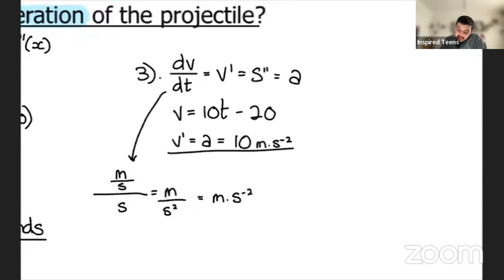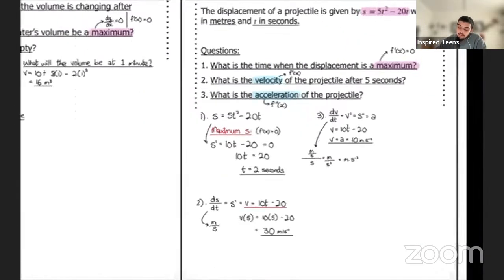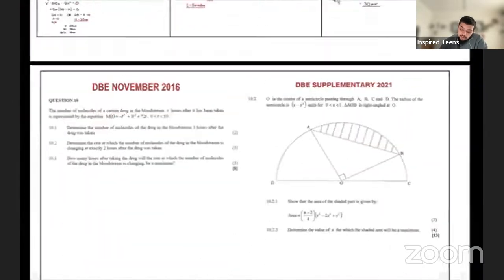And that is the acceleration. In this case, there's no changing acceleration. It's a constant acceleration. That's why we get a constant answer. So the derivative of the velocity is the acceleration, and that gives us 10, and that's how we get the units.